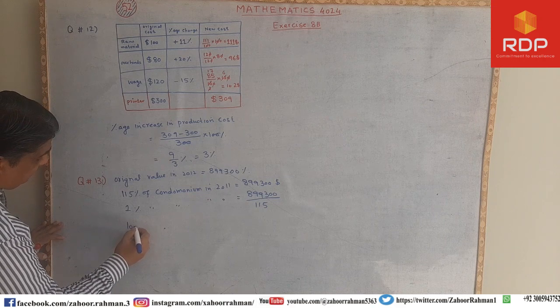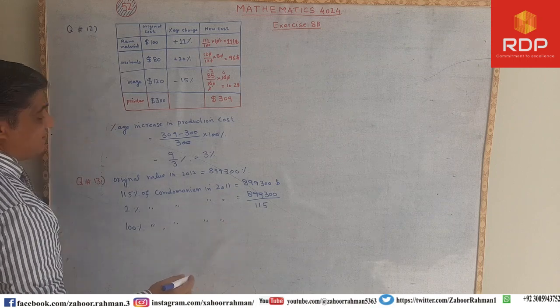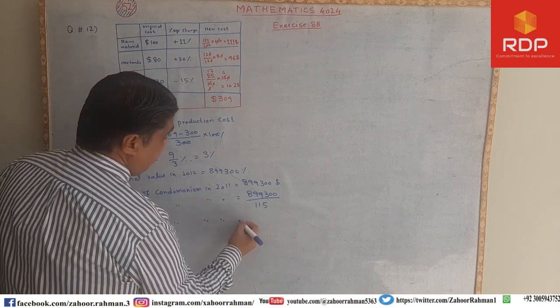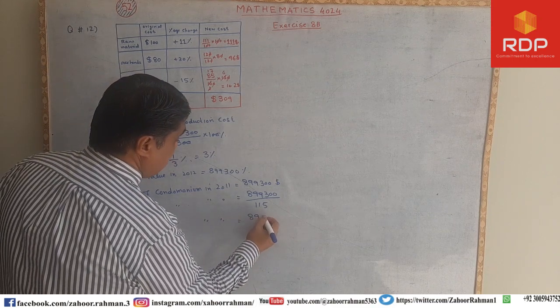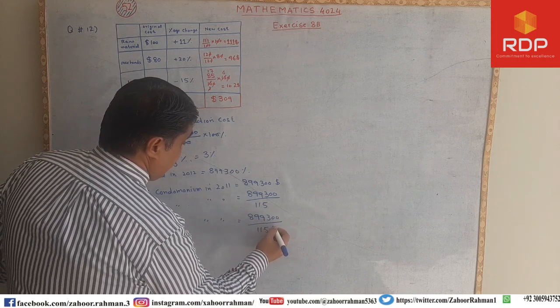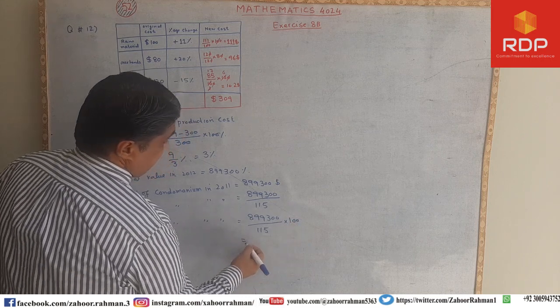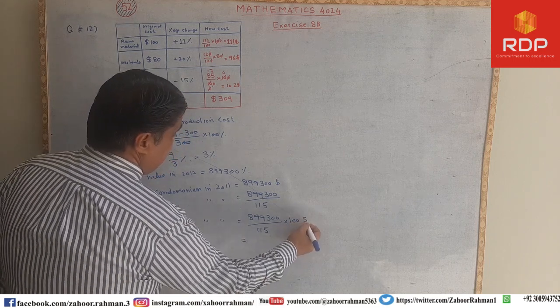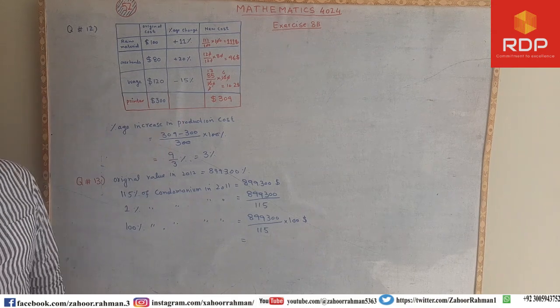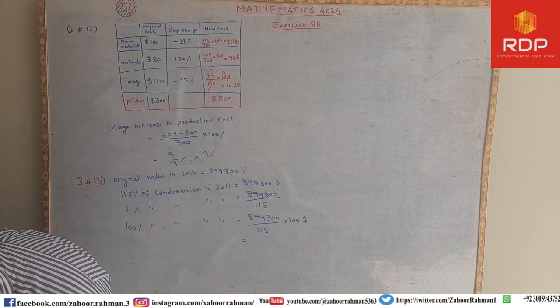I told you that 100% always points to the original value. So that will be 115 and 100%, and that will be the value in 2011. It is calculated here.